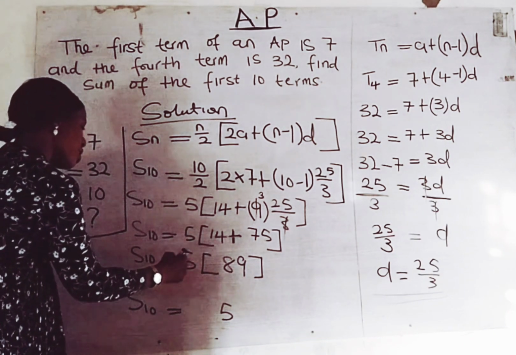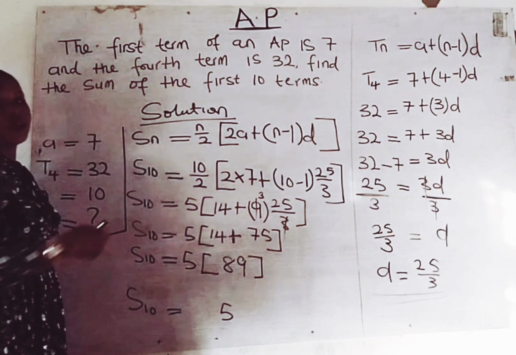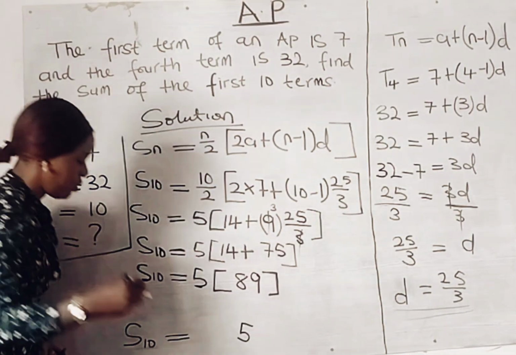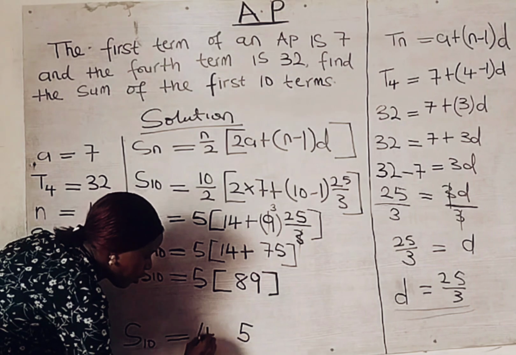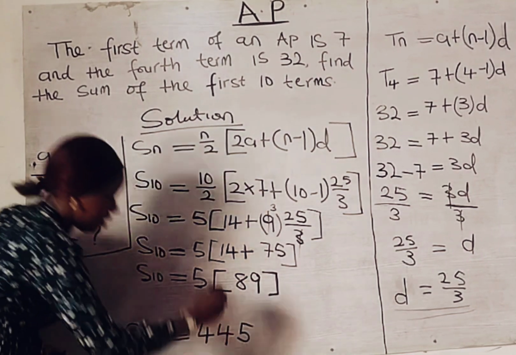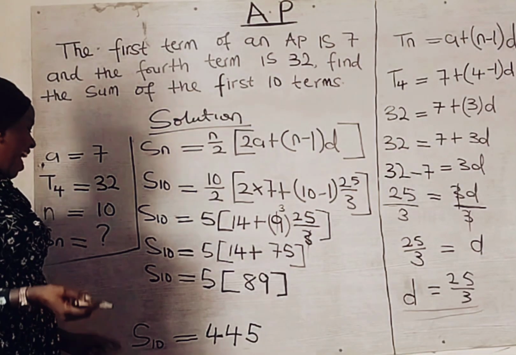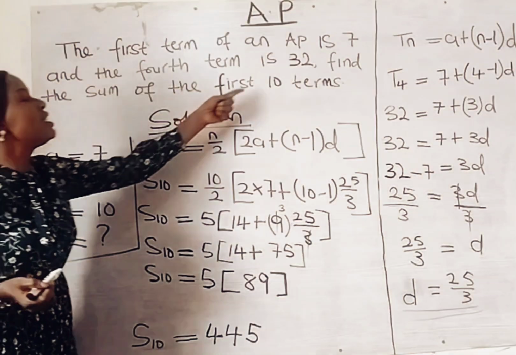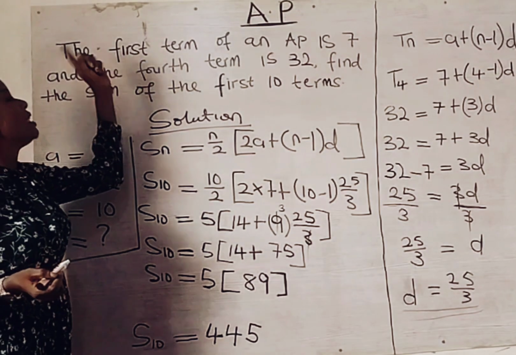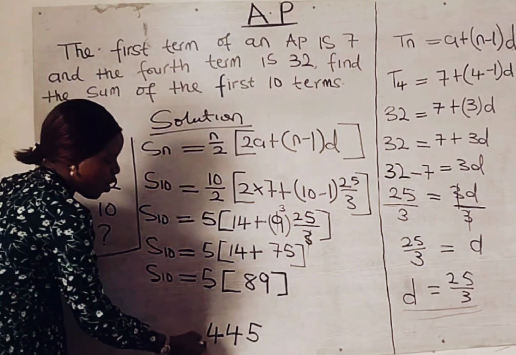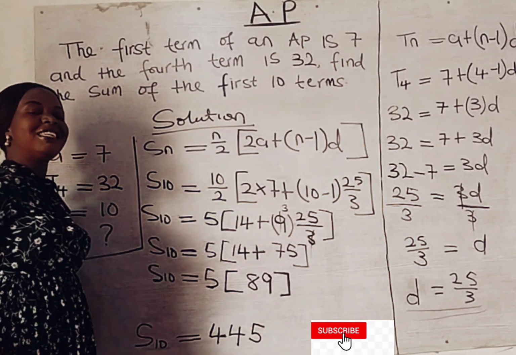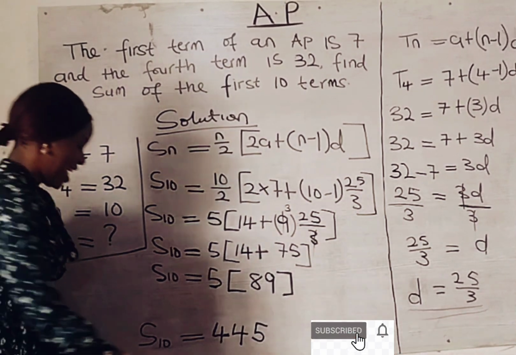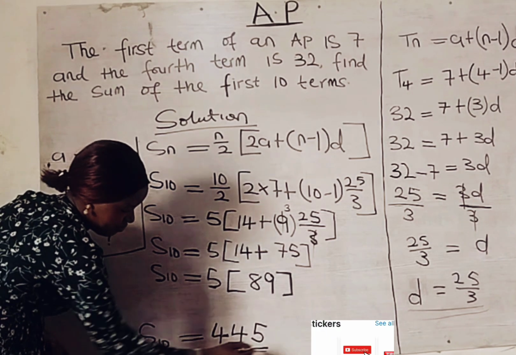I say 5 times 8 gives us what? 40 plus that 4 to become 44. So I have 445. Yes. That means S10, which is the sum of the first 10 terms of this AP, is 445. Yes, this 445. That's the answer.